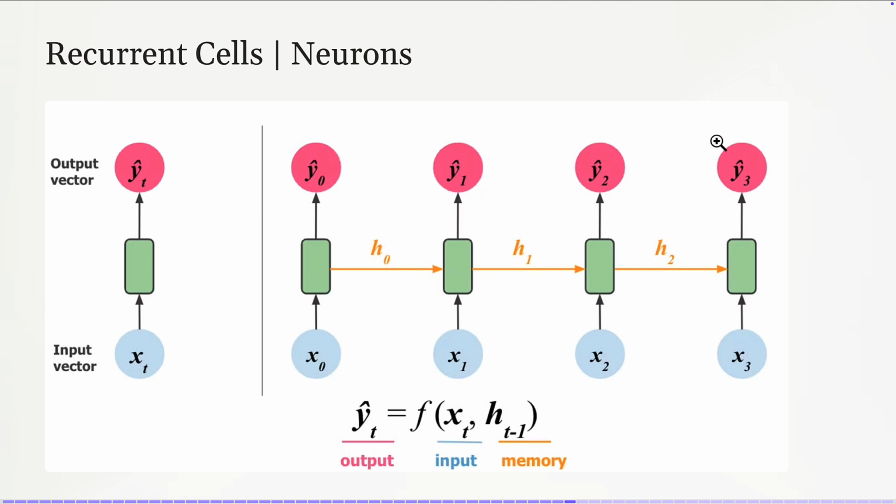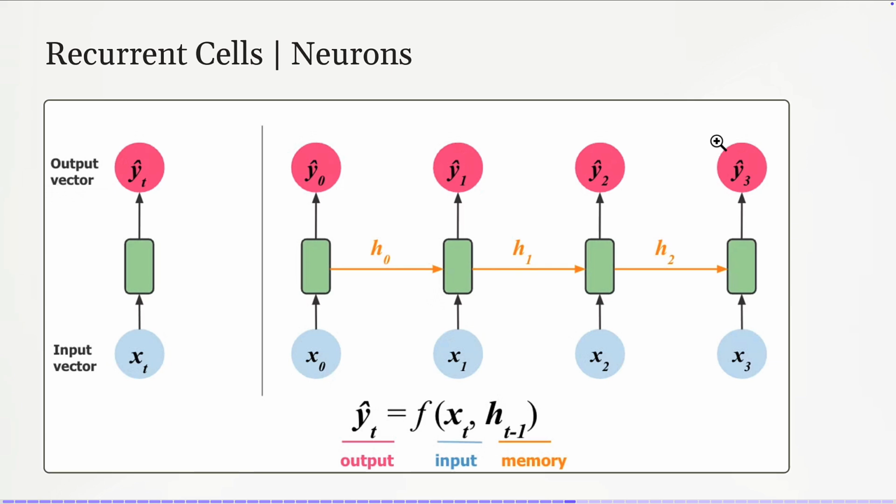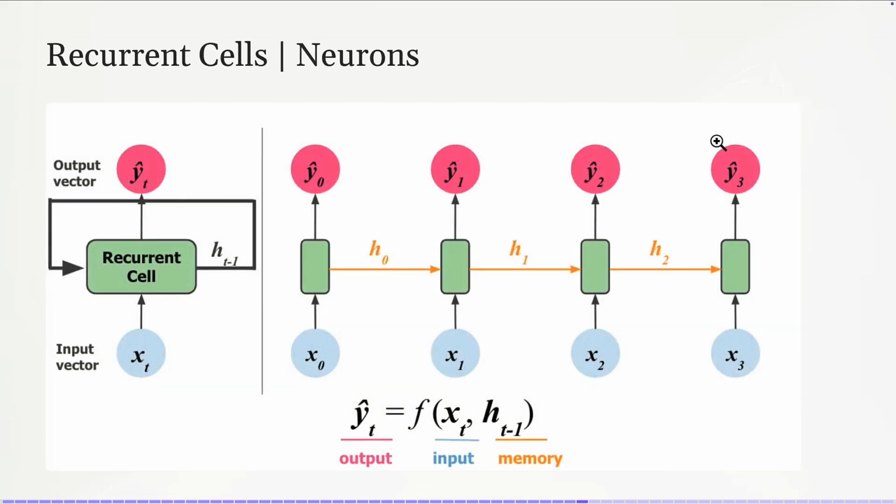And look now at the function. The output will be a function of the current state and the previous state, which represents the memory. And this reminds us of the paper of 1990 that talks about the memory and the temporal representation. Okay, this is a recurrent neural network cell, and we can represent this as just one dense layer that is recurrent, like this.